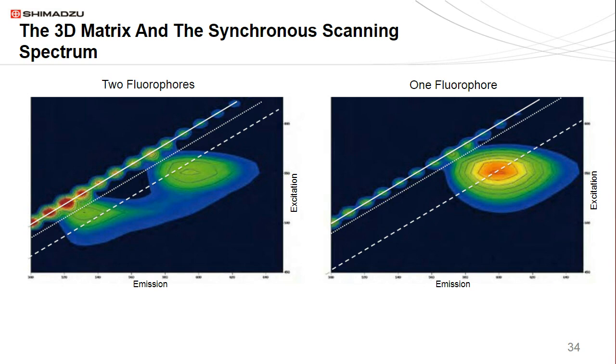The picture on the right is probably 1 fluorophore. The picture on the left is probably at least 2. And you can see how the synchronous scan would be fairly simple for the one on the right, whereas the one on the left that's 2 or more fluorophores, it would probably consist of more than a single peak.